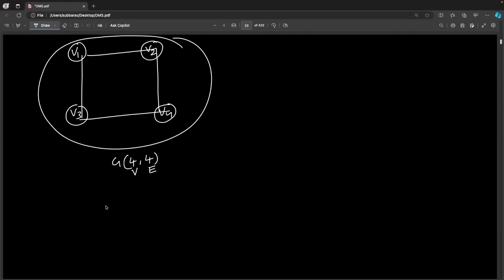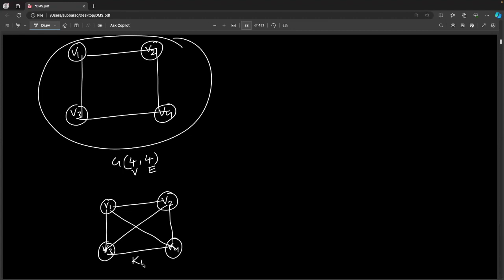Do you know the complete graph? The complete graph with 4 vertices is K4.